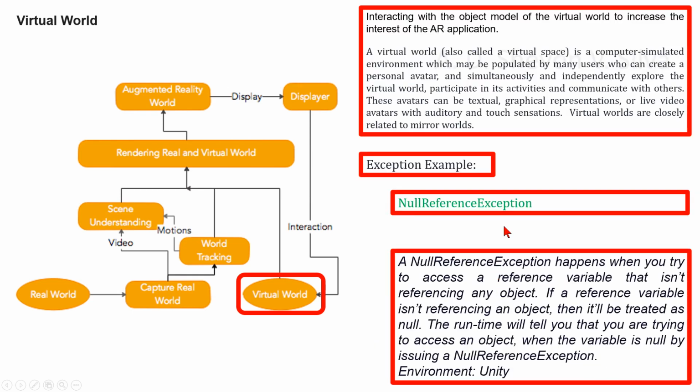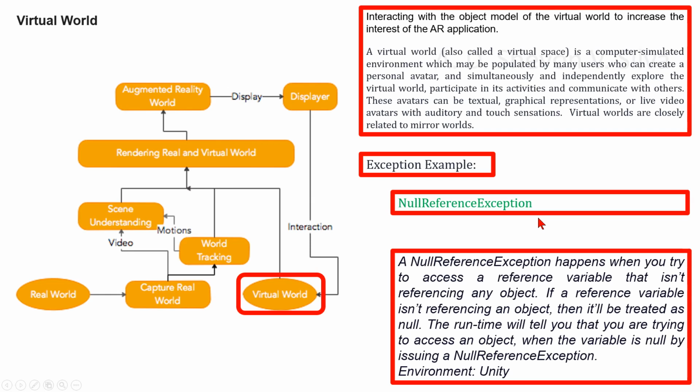As an exception example, we can consider this in Unity environment. Null reference exception. A null reference exception happens when you try to access a reference variable that isn't referencing any object. If a reference variable isn't referencing an object, then it will be treated as null.